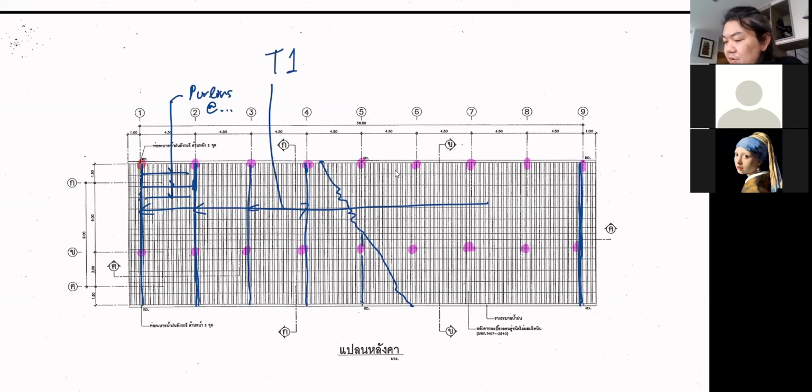And then after you know the spacing, you know the weight of your roof, you know the live load, you can calculate the point load, which is the reaction of the purlin, right? That will be on your truss here. Remember that one truss will support the purlin on both sides. So the reaction must be multiplied by 2 on each joint.